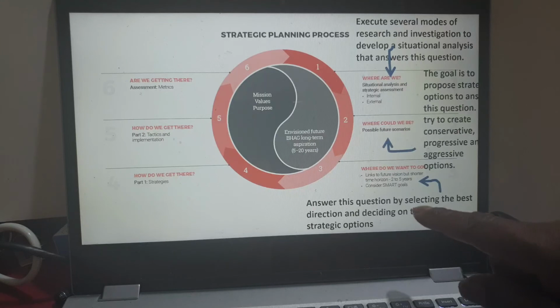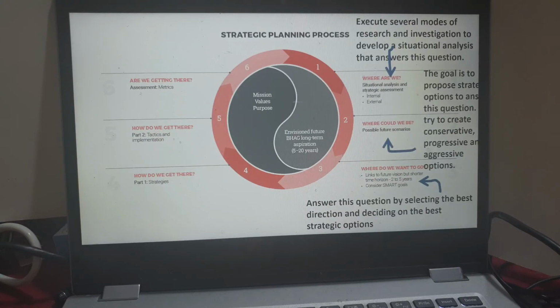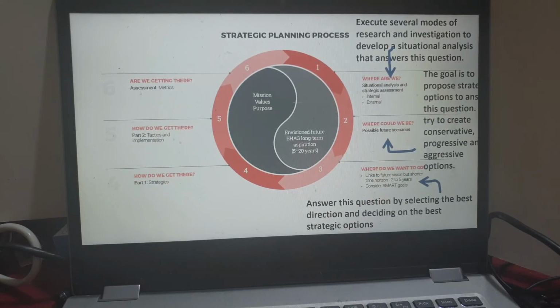And then when you talk about where do we want to go to answer this question, do it by selecting the best direction and deciding on the best strategic option. Here, stakeholders could come in. You're not doing it alone. You're doing it with the stakeholders, and therefore, the technique of doing stakeholder analysis can also be very useful.